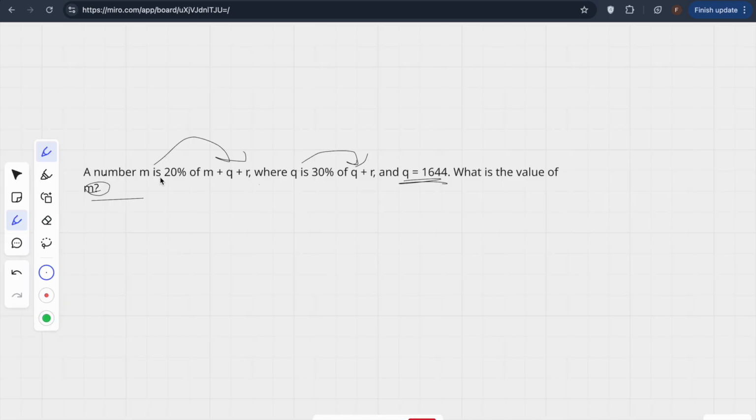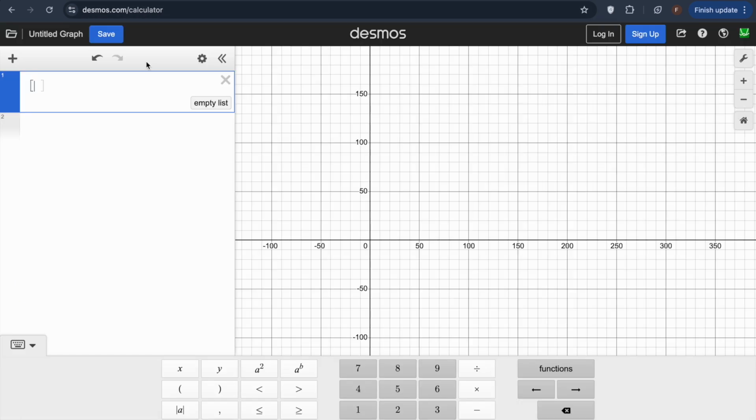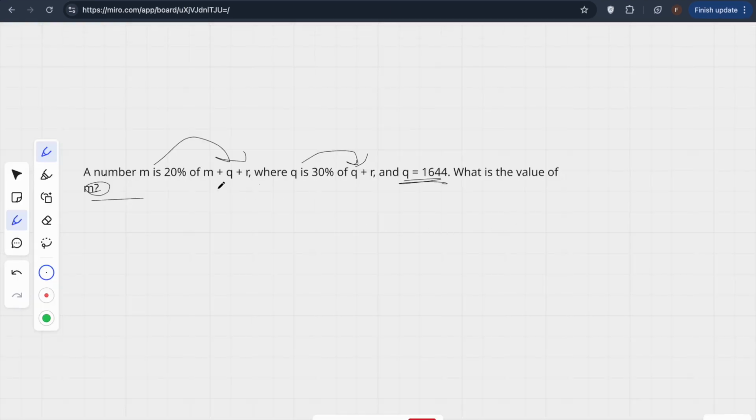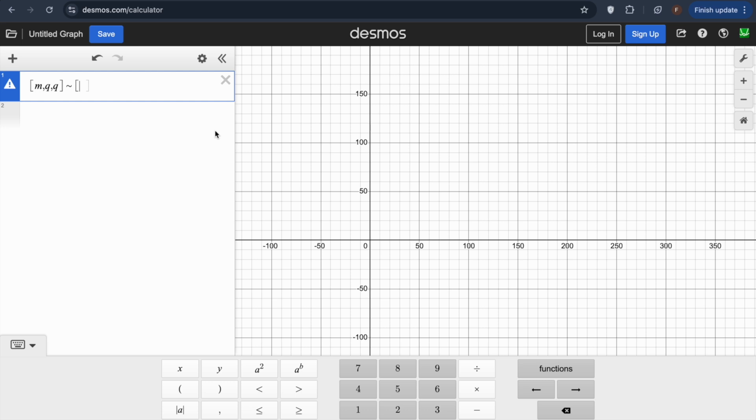In the first part of the fraction, we have m, q, and again q, m, q, and again q, and that thing must be equal to firstly 20% of m plus q plus r.